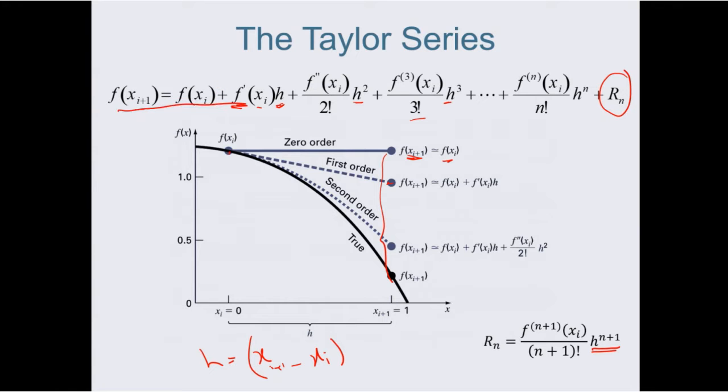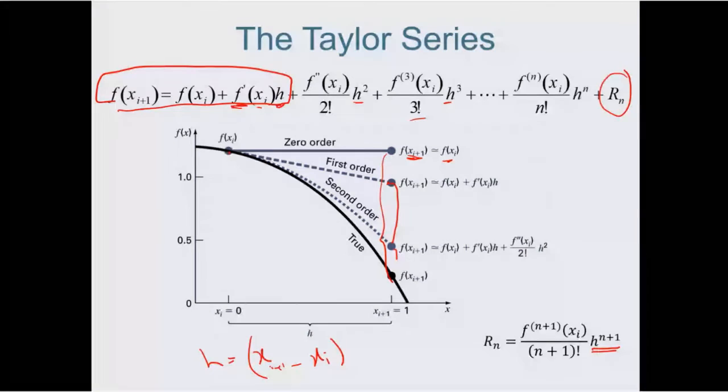We call this a first order approximation, because it's first order in terms of h. So f of xi plus 1 is f of xi plus the first derivative multiplied by h. Then if you include another term, you are able to reduce the error.